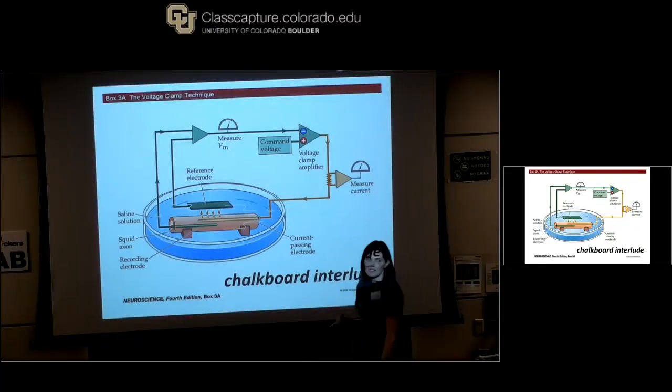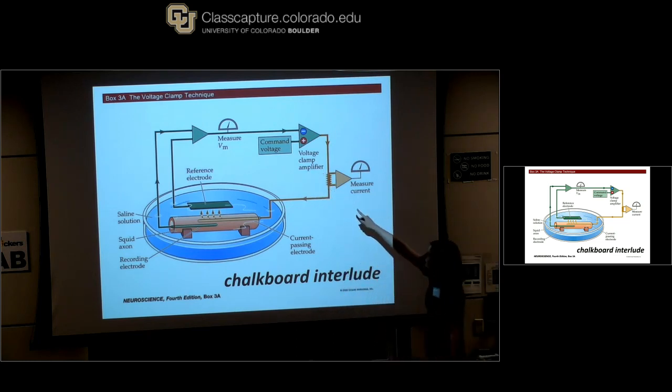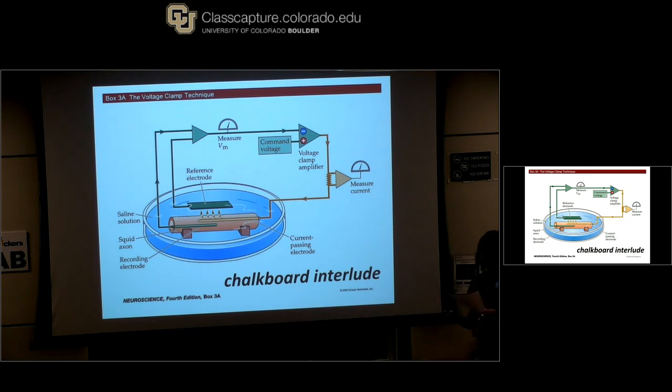If the voltage inside the squid giant axon is smaller than the command voltage, where we're measuring in that minus sign input there, then we're going to send a current that depolarizes the squid giant axon to return it to the command voltage. Similarly, if the squid giant axon voltage is above the command voltage, we're going to send a current that hyperpolarizes the giant axon.